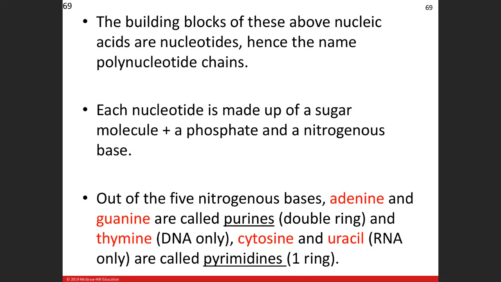Keep in mind, and again, I'm not going to get into a lot of the details for this, but when we're talking about these nucleic acids, we do have some basic building blocks. These basic building blocks are called nucleotides.